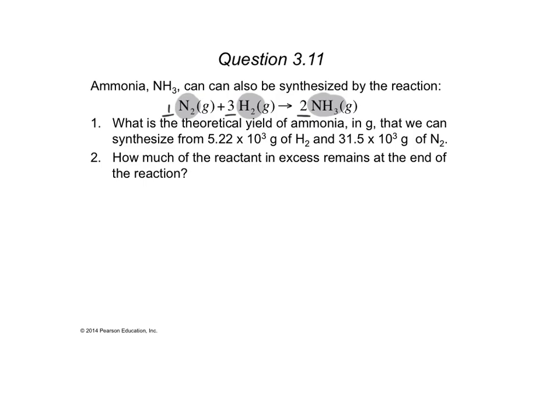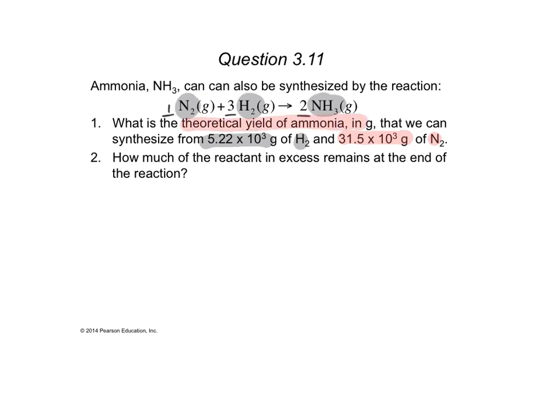Okay, so in this question, they're saying, if we start with 5.2 times 10 to the third grams of hydrogen, and we start with 31.5 times 10 to the third grams of nitrogen, what is the theoretical yield of ammonia in grams?